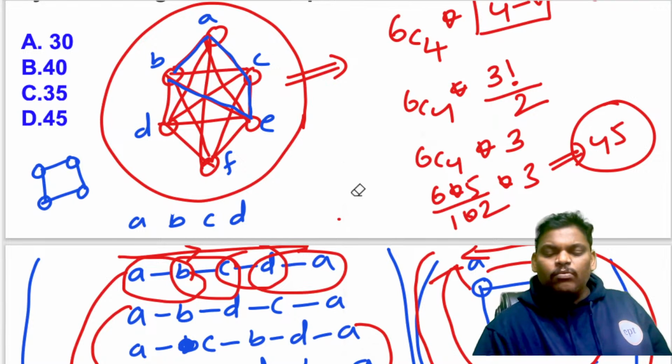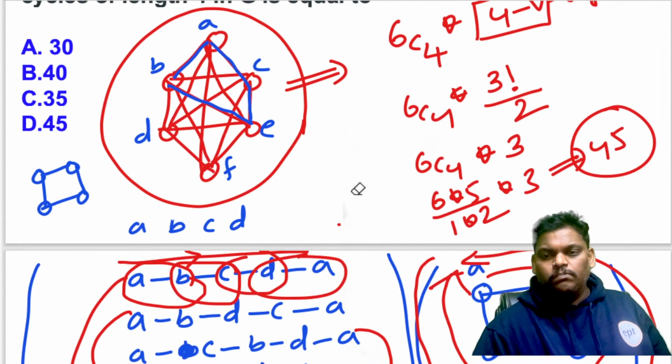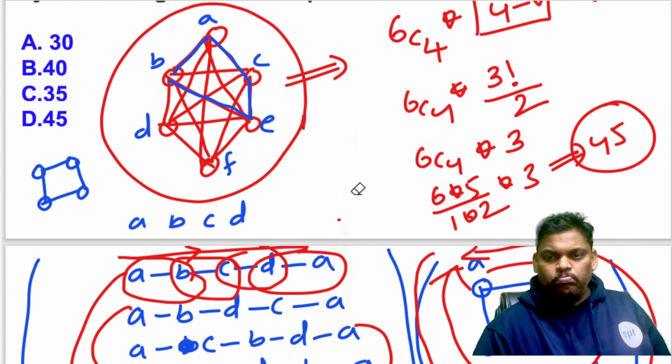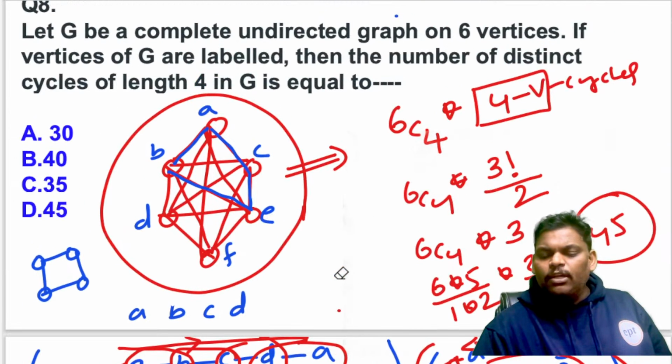If labels are not there, we cannot differentiate anything. Right, fine. So please take care and plan accordingly.